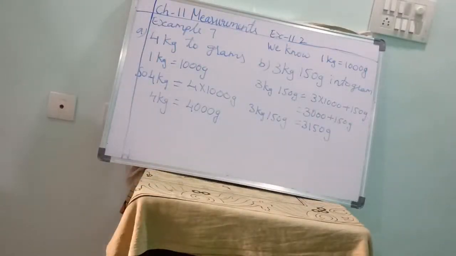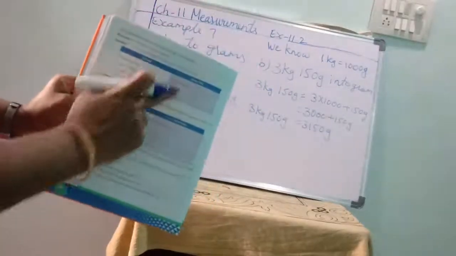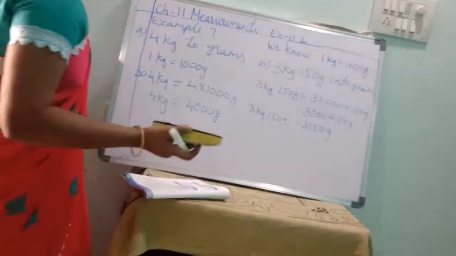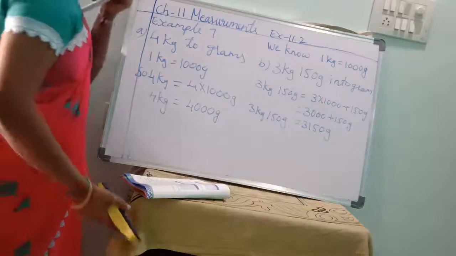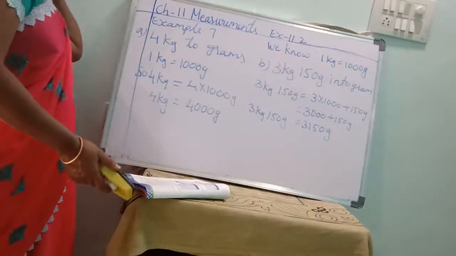Next, solve this one that is there here. That one do it. I will do it on the board. You should write. Next, what is that? 6 kg 2 grams. You should convert 6 kg 2 grams. Okay, do it, children.